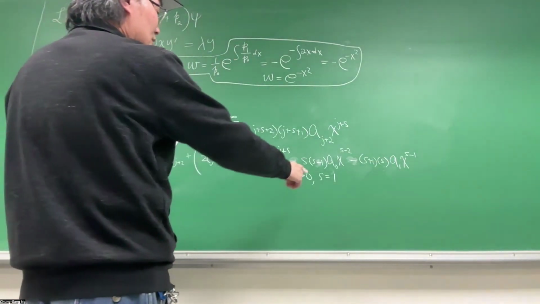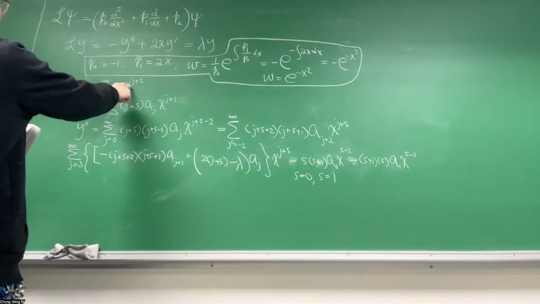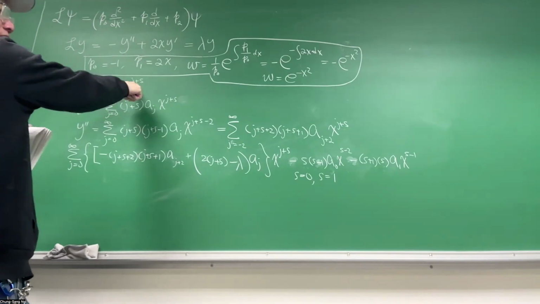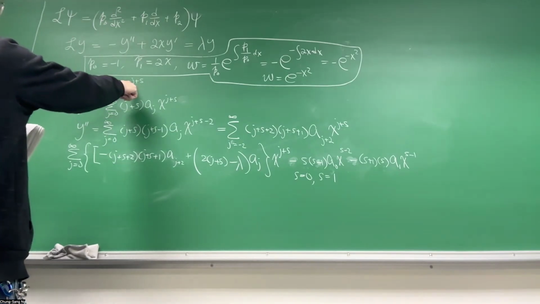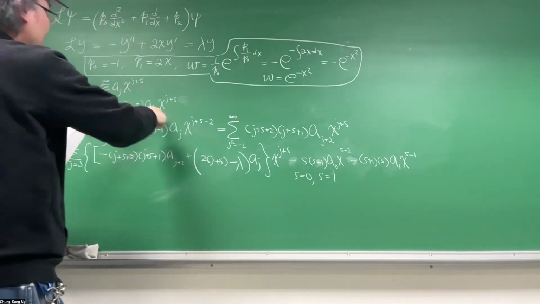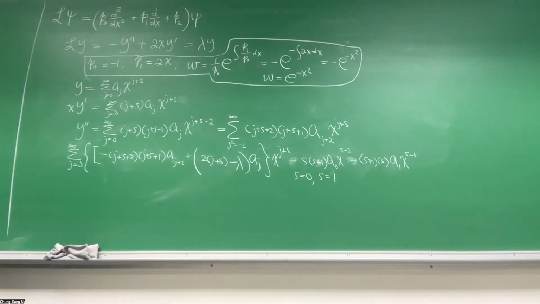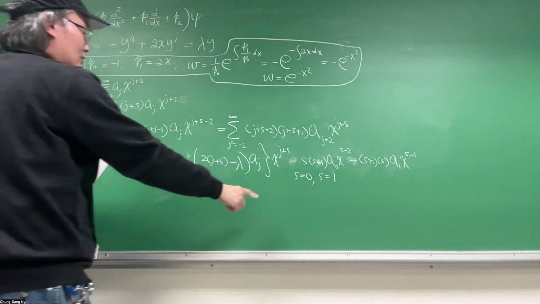So the first solution, we start with, go back to your choice. If S equals 0, you always start with x to the j, which is start from 0. So if S equals 0, and if A sub 0 is non-zero, you start with A sub 0. Then you got all the even power of x. So that's your choice.